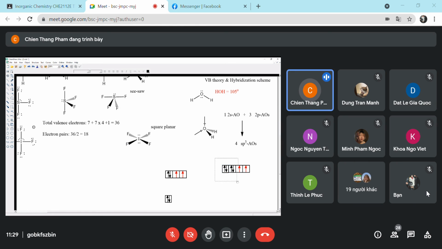So when you mix 1s and 3p here, you can form 4 equal atomic orbitals.